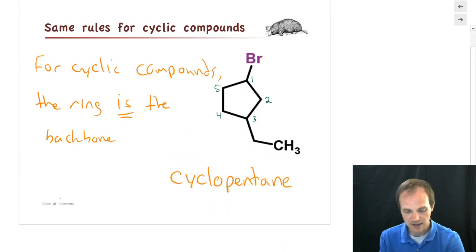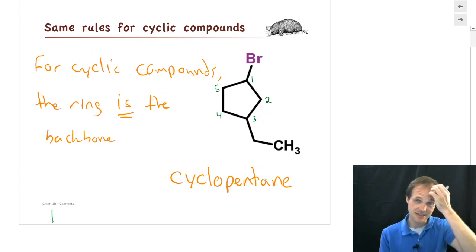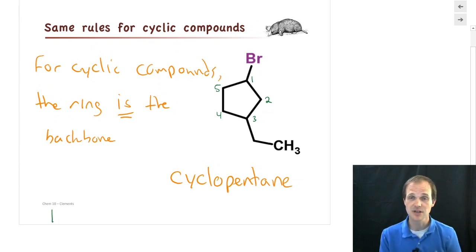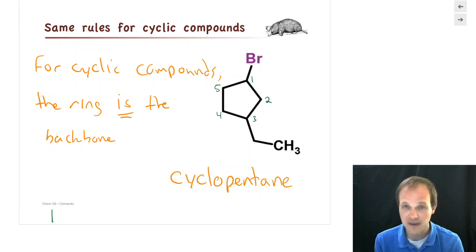On number 1, and here's a hint, on cyclic compounds, there is always a number 1. Always, always a number 1. In fact, you list that number 1 first because it's alphabetical, which is how you decided which way to do it in the first place.